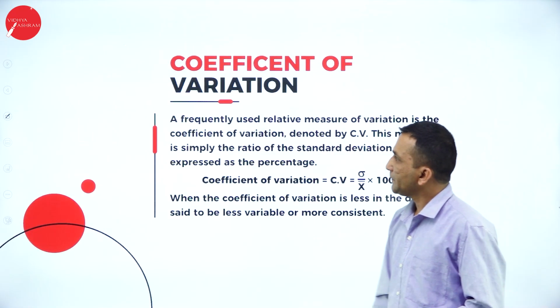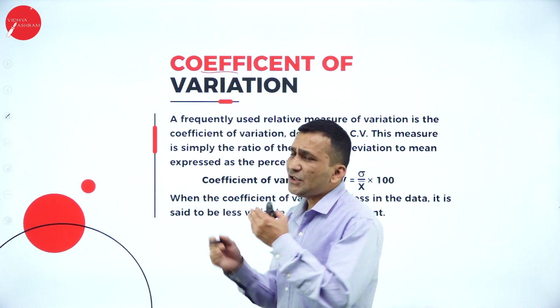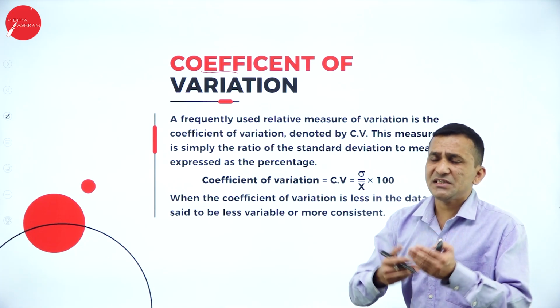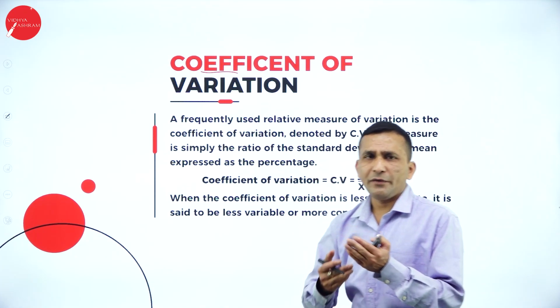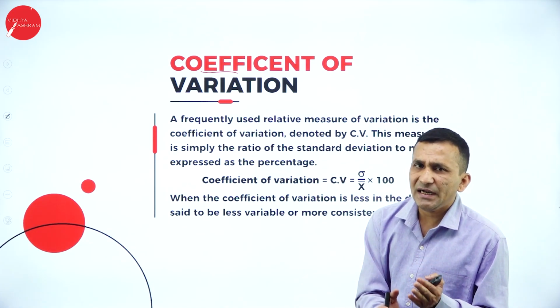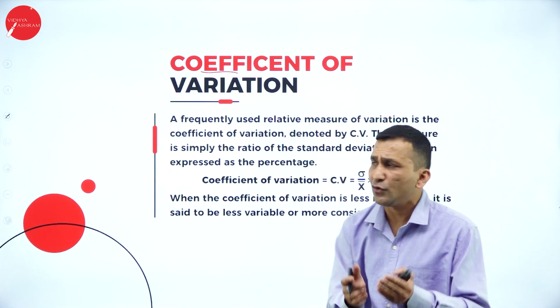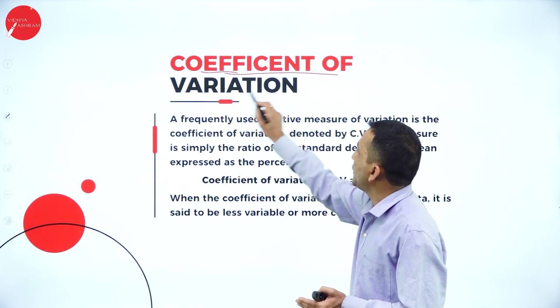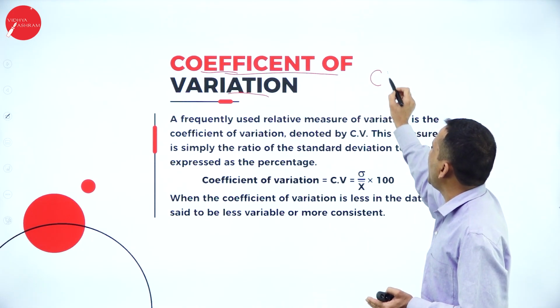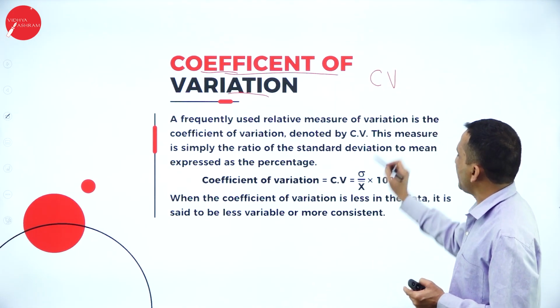Okay, moving forward. Now what you are studying in the standard deviation comes under the absolute measures. When you are trying to study the standard deviation related to relative measures, of course, we need to say it is the coefficient of variance, symbolically written CV. The CV formula is very simple.